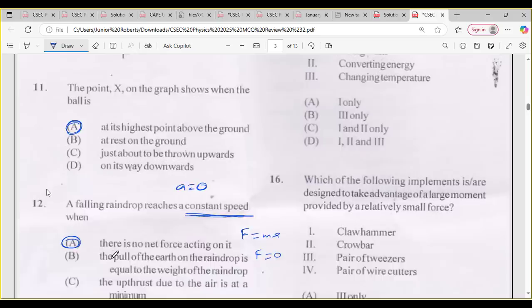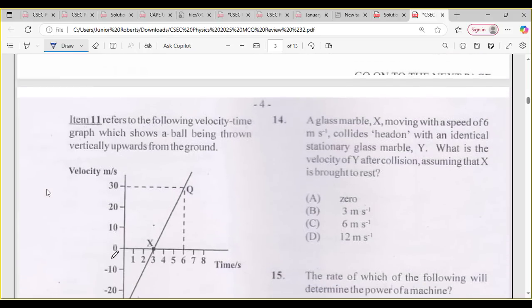Okay. Alright, so 14 now says a glass marble X moving with a speed of 6 meters per second collides head-on with an identical stationary glass marble Y. What is the velocity of Y after collision, assuming X is brought to rest? Alright, so if X is brought to rest, then its momentum after collision is going to be 0.